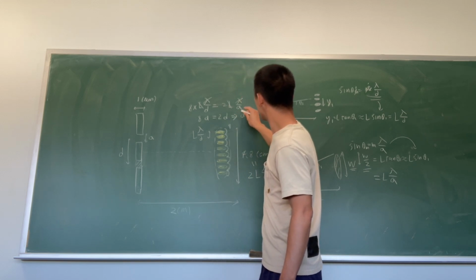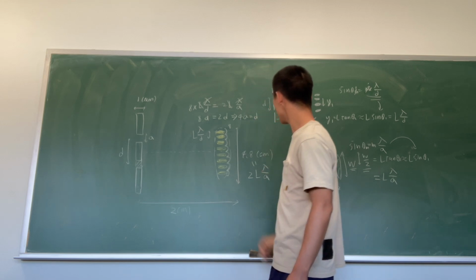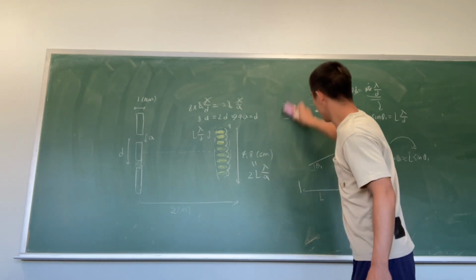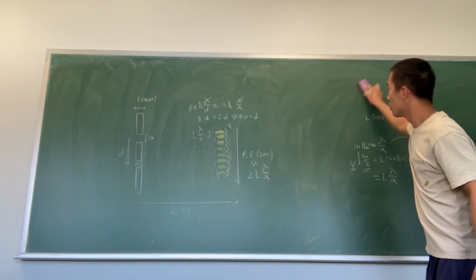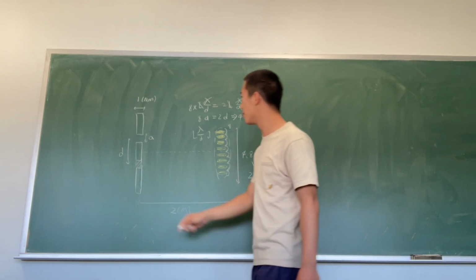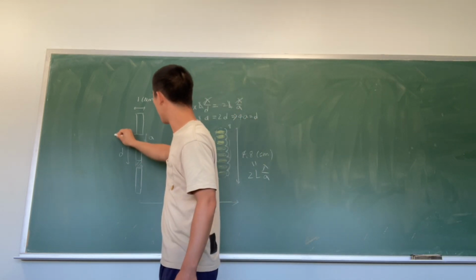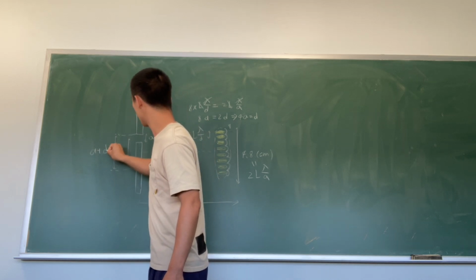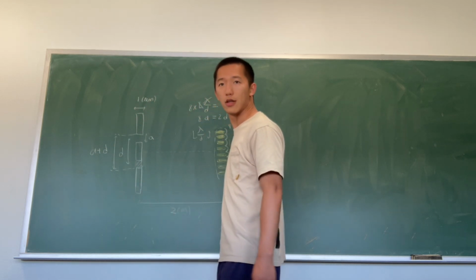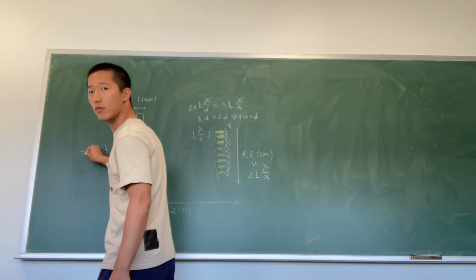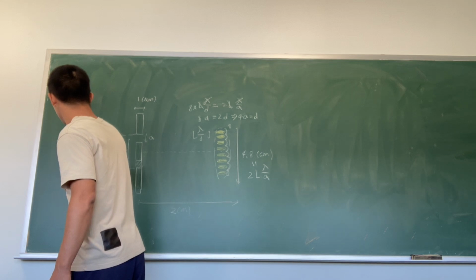So D equals 4A. With the ratio, we also know the sum of A and D is given in the problem statement, which is 250 micrometer.